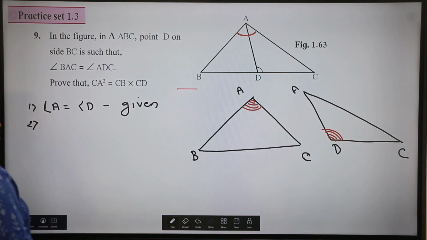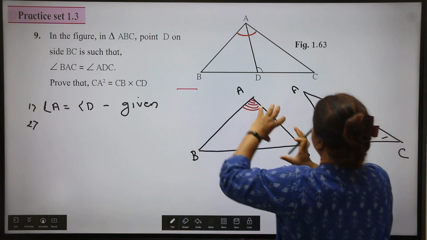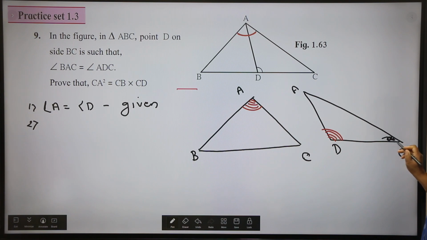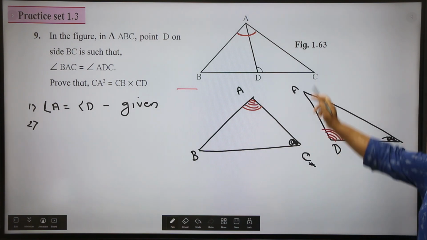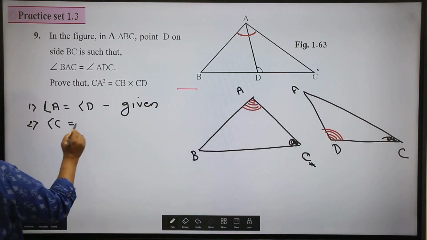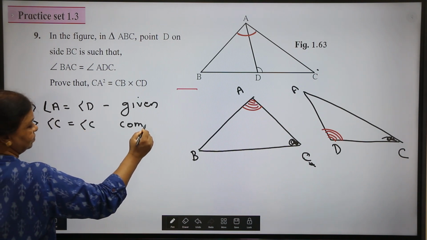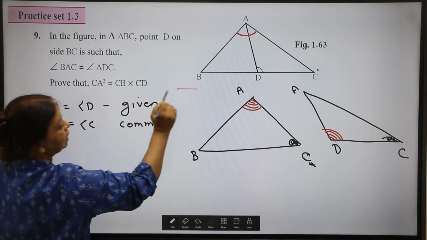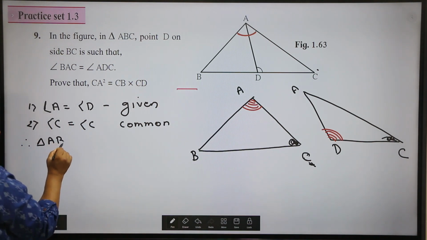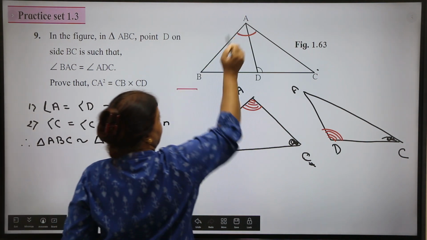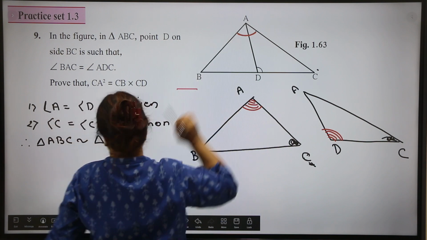Second point, if I pick up this triangle and keep it here, what am I finding? This is completely overlapping it. See, that means angle C is equal to angle C and reason is common angle. Yes or no? So I can say that therefore triangle ABC is similar to triangle, first is A here, children.